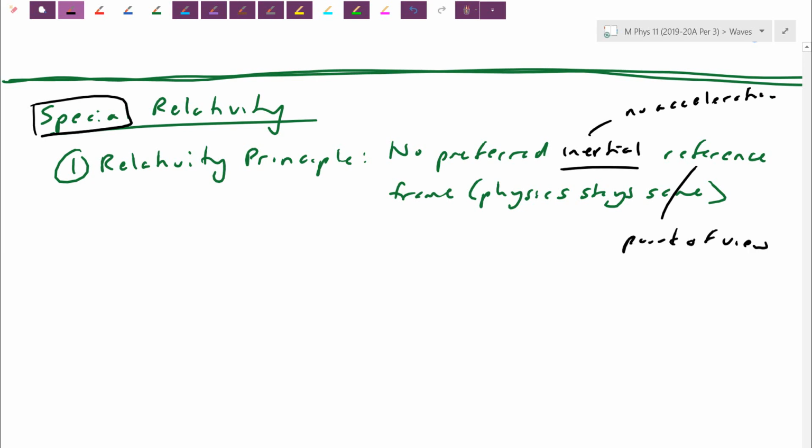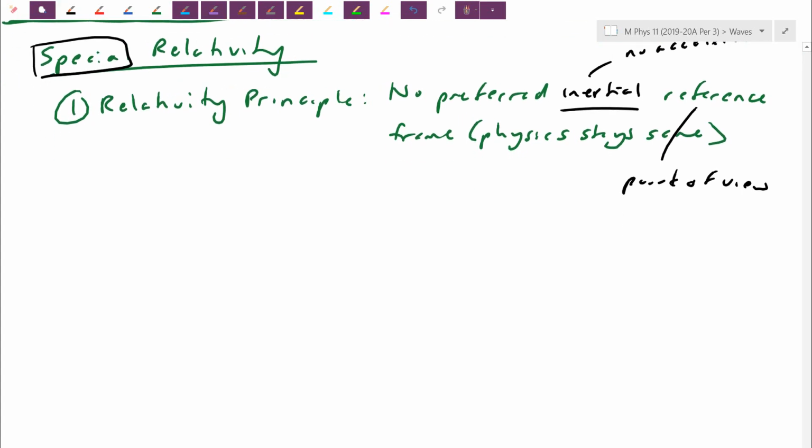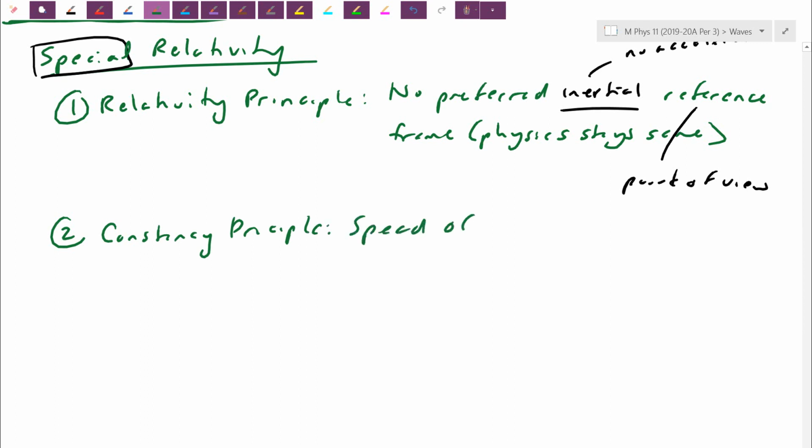It means both people are correct, and yet things that we thought were constant, like time and mass, are not. In this weird special relativity case, what's constant is the constancy of light. So the constancy principle, or constancy postulate, basically says no matter what you're doing, the speed of light is always constant.